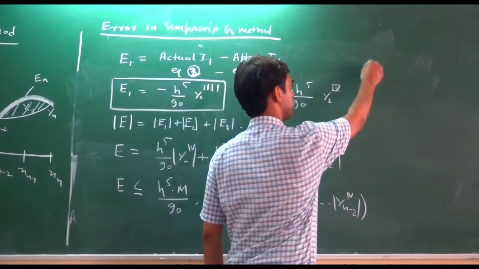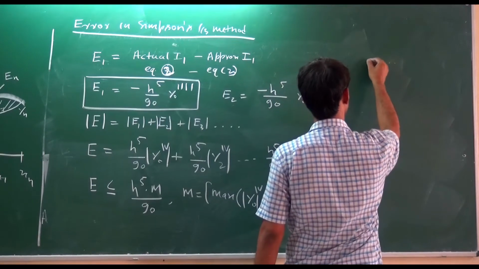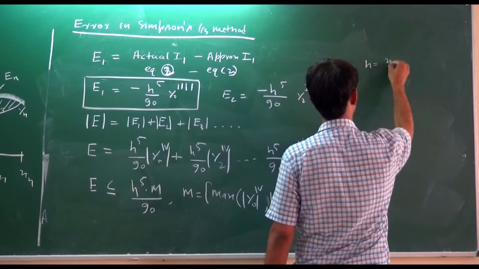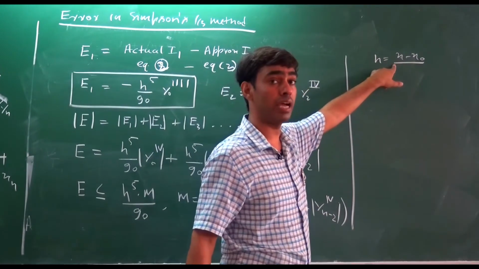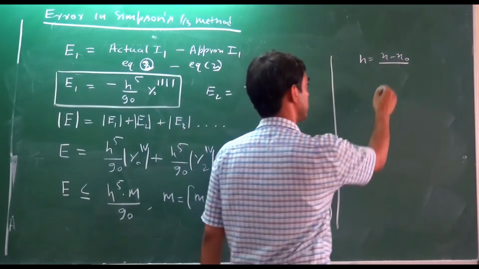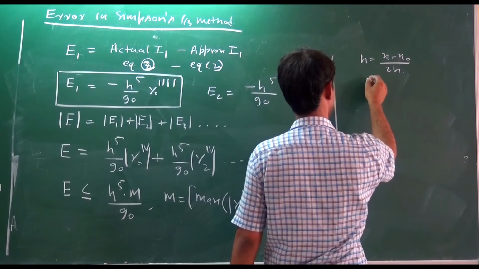So if we write in this way, we try to write it in terms of h. We know that h equals xn minus x0 upon n, and in the case of Simpson 1/3 rule, n must be a multiple of 2, that is 2n. So what will happen here?